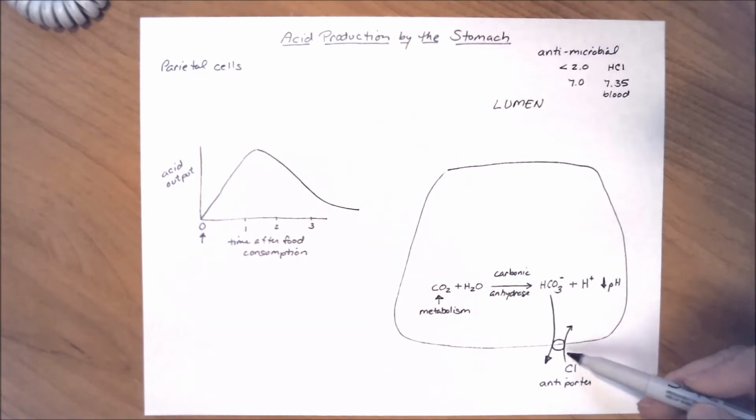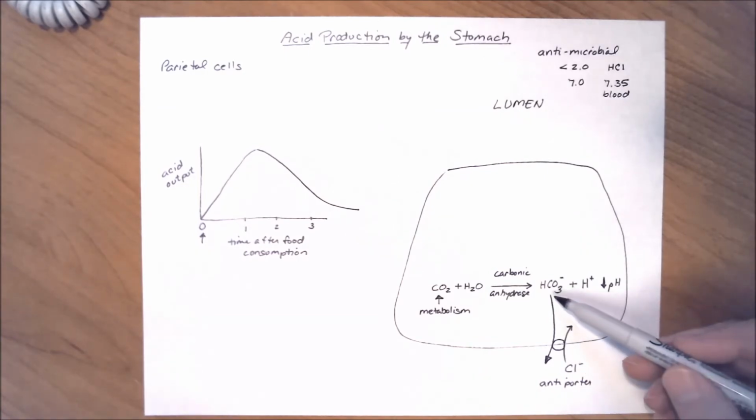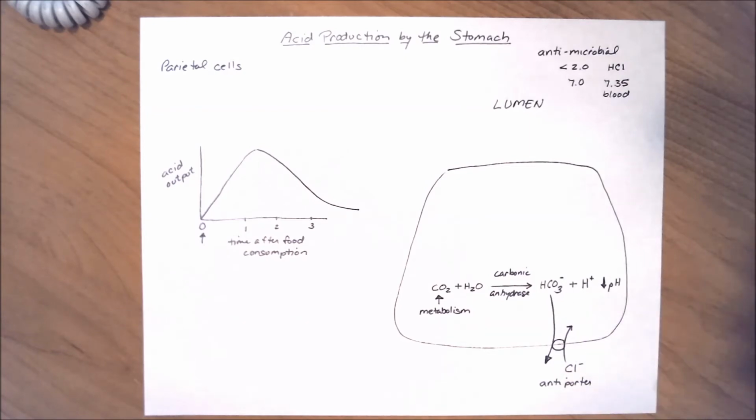The transport of chloride into the cell is obligate on the export of bicarb. What that means is the bicarb must bind to the interior of the protein, chloride must bind to the exterior of the protein, and only under those conditions will there be a flip in this transporter to shuttle these ions across the membrane.